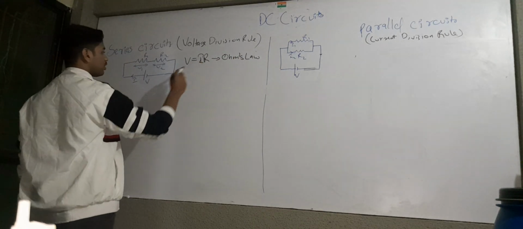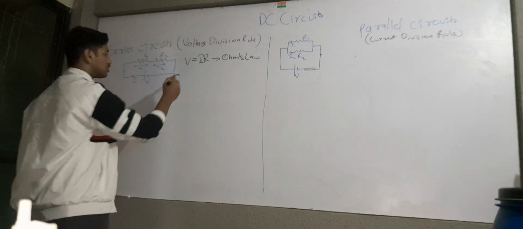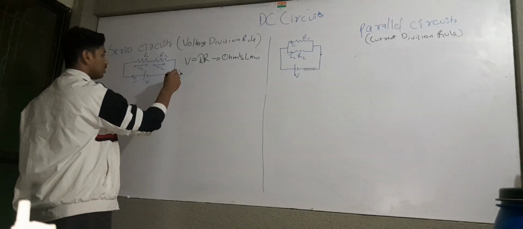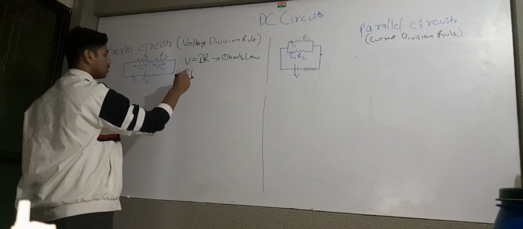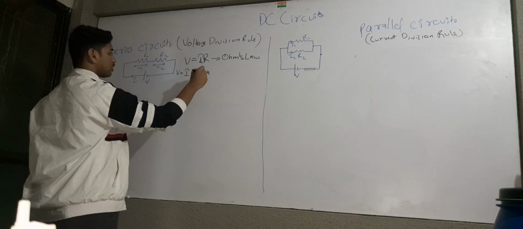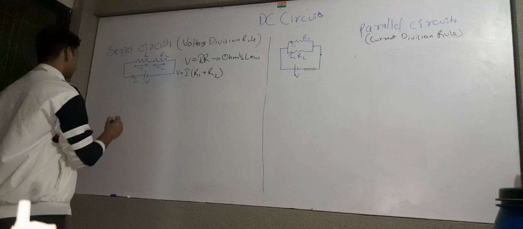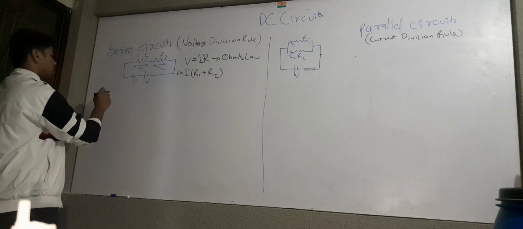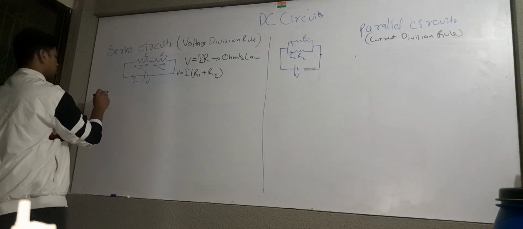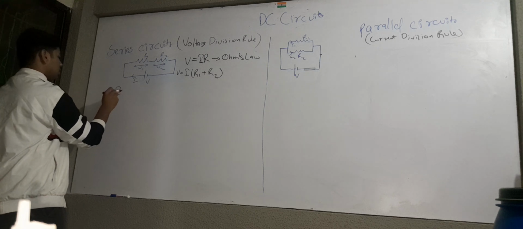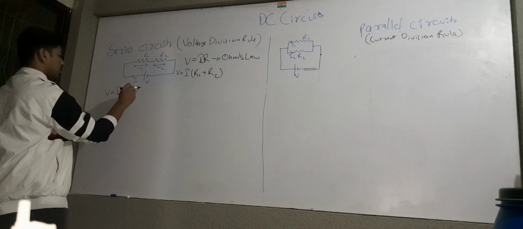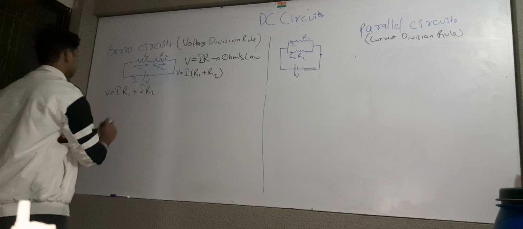And here R is just the series combination of the two resistances, so V is equal to I times R1 plus R2. Now we get V is equal to I R1 plus I R2.